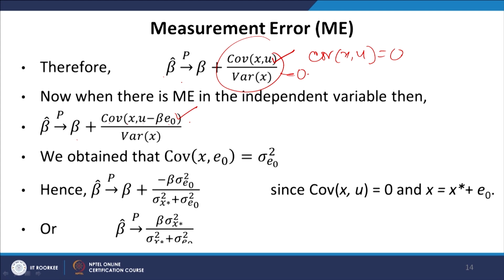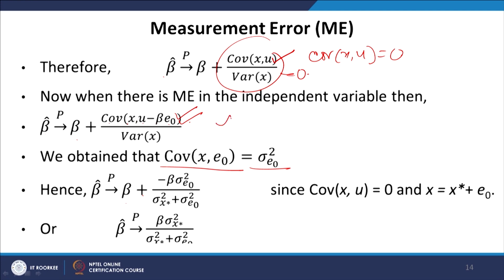Now, we need to see whether this term tends to 0 or not. We know that the covariance between x and e naught is sigma e naught squared. So, beta hat in probability limit tends to beta plus the covariance between x and u, which is 0.